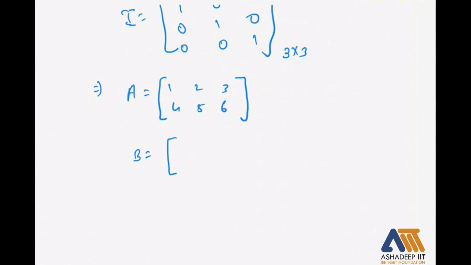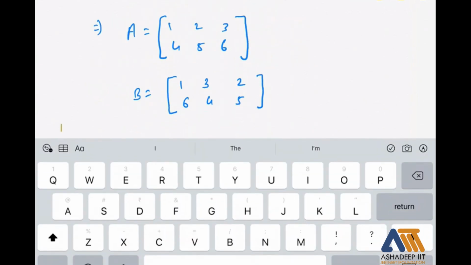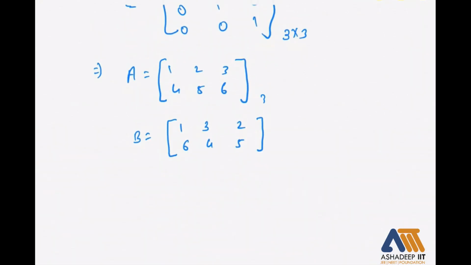Next, consider the same order and the same elements, but arranged in a different way: 1 3 2 6 4 5. Both matrices A and B are of order 3 cross 3, elements equal, but the arrangements are different, so they are not equal matrices.